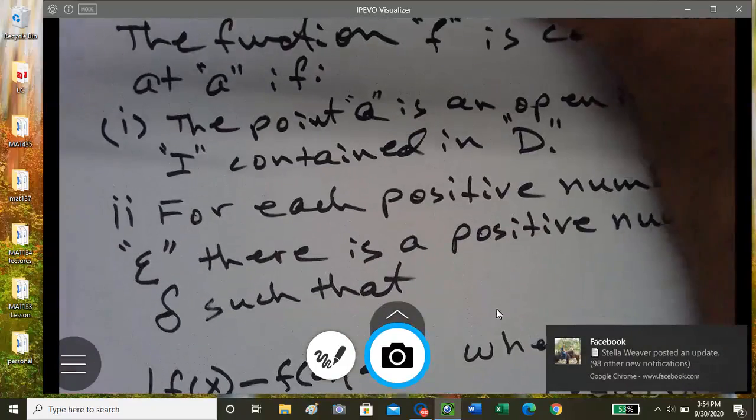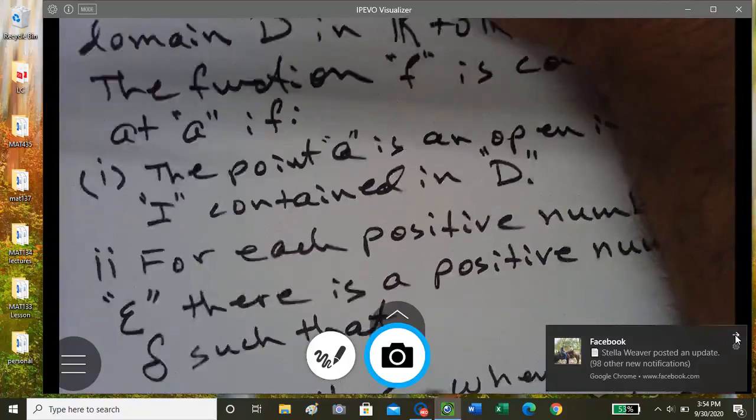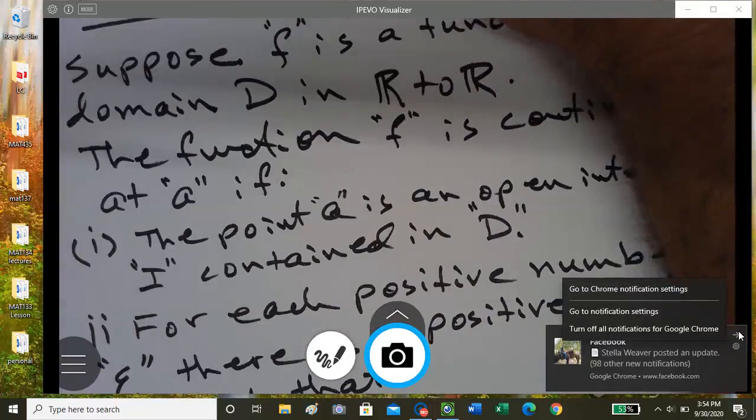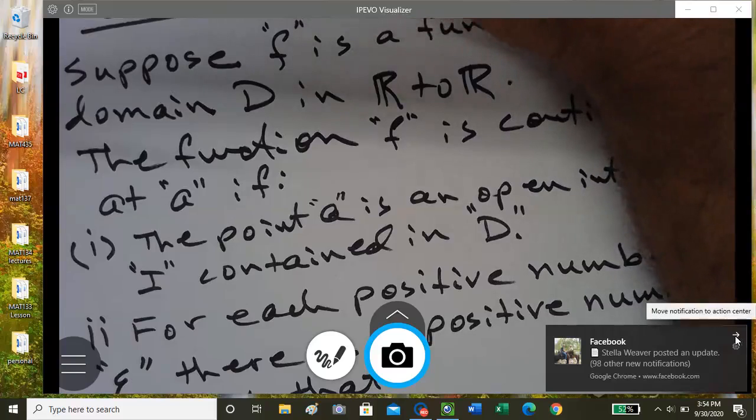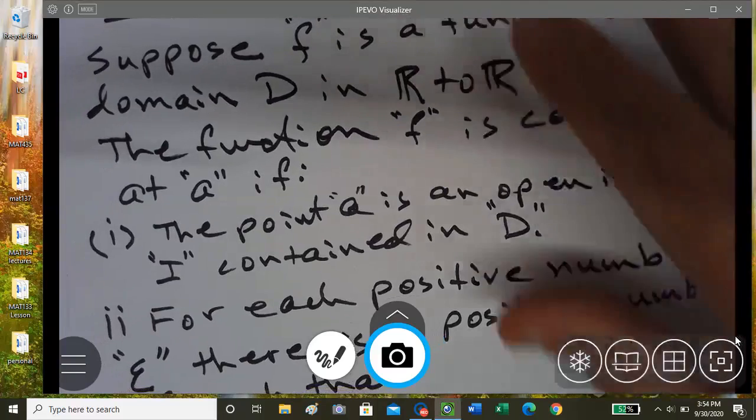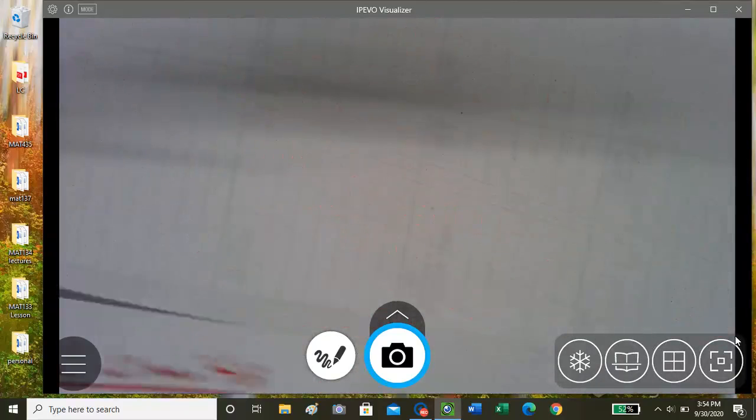So what does that mean? In order to look at that, we need to look at the graph.